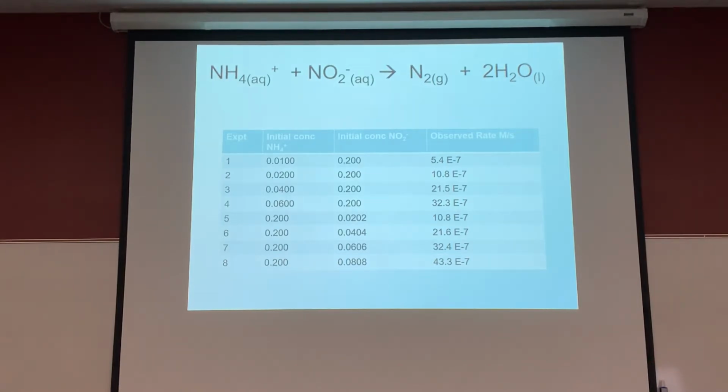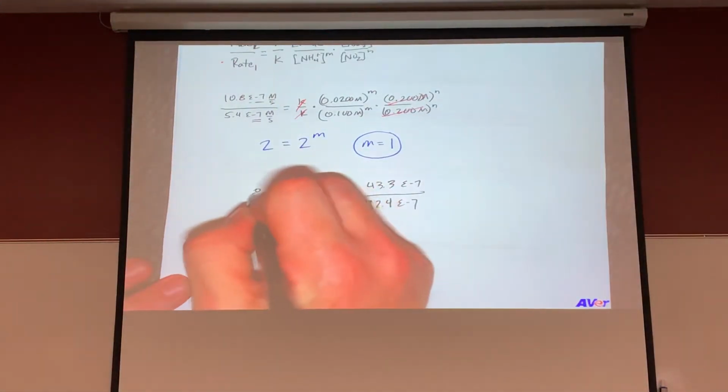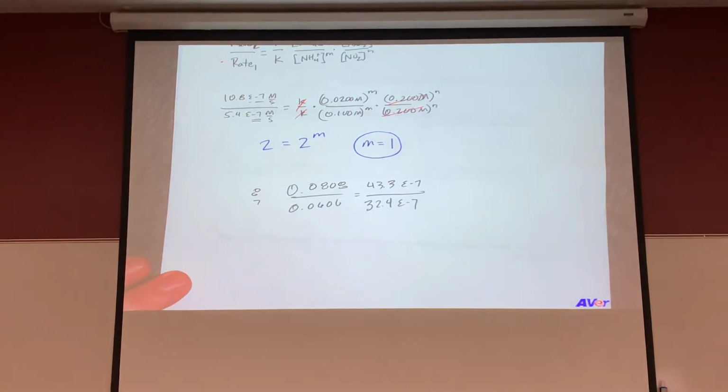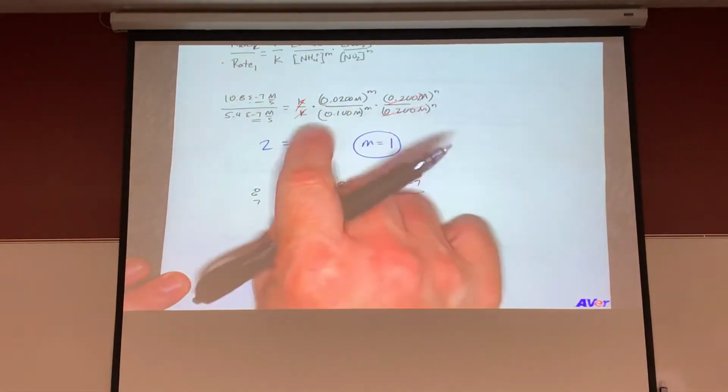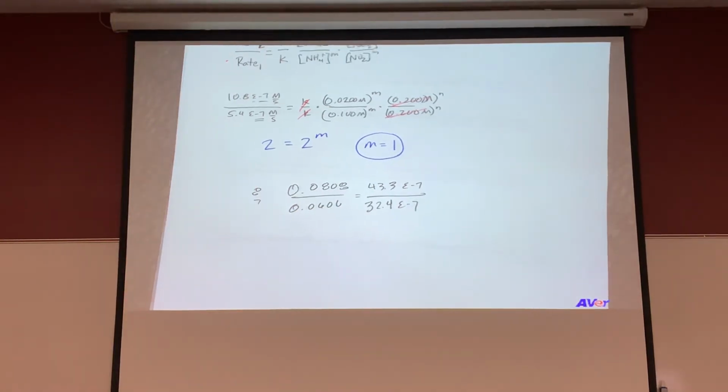For these kinds of problems, you'll be given initial rates. You would have a set of data that would look like this, and then if you're comparing, say, 8 to 7, everything counts except for the concentrations in that number.